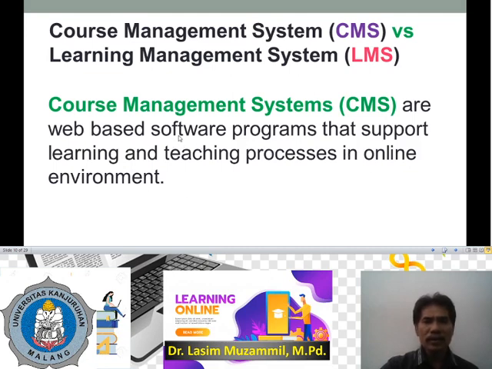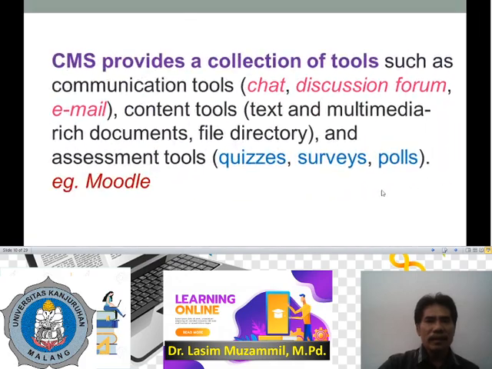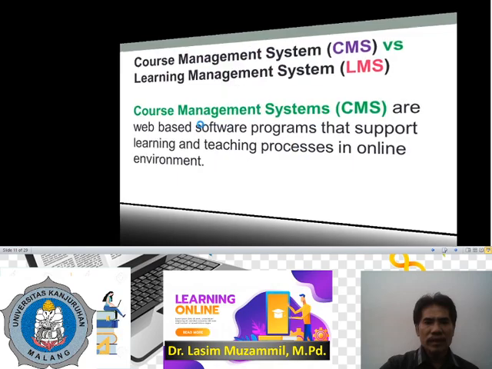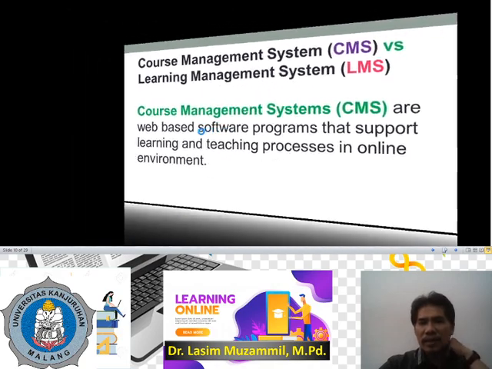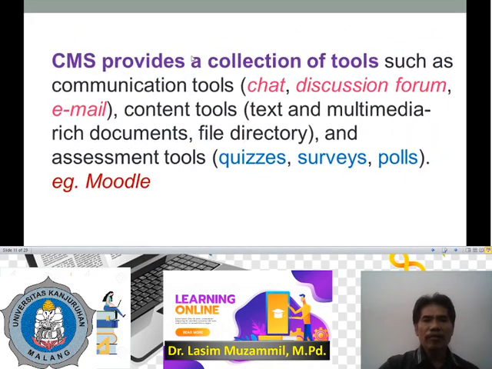So we use program from software, the program that is created by a programmer, of course, to support the learning and teaching process in an online environment. CMS, course management system, provides a collection of tools. What kind of tools are those?